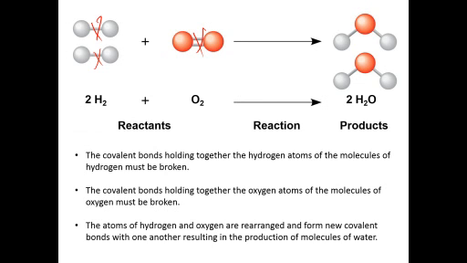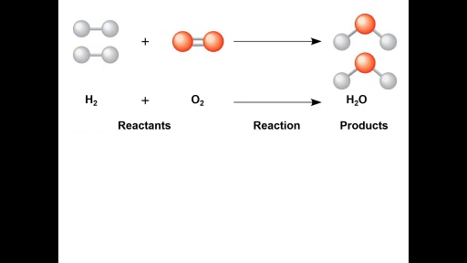So in chemical reactions, you're doing nothing more than breaking and forming new chemical bonds so that atoms are rearranged. You're not creating new atoms out of nothing, and you're not losing atoms. Everything has to be balanced in a chemical reaction.